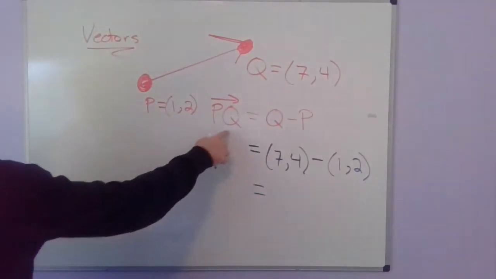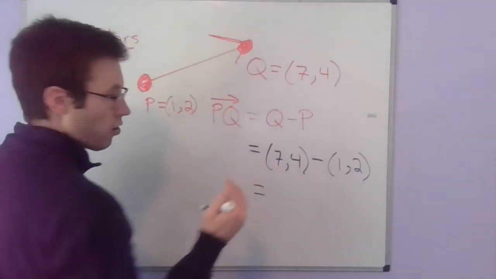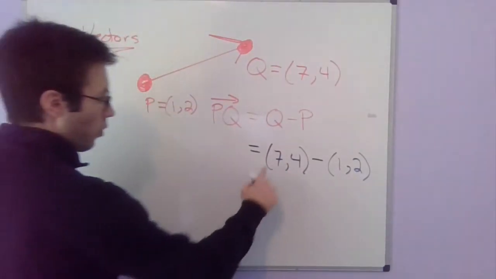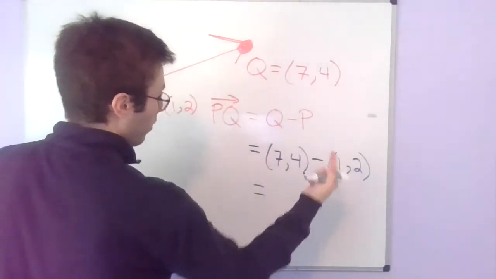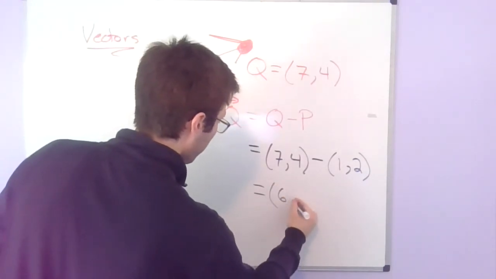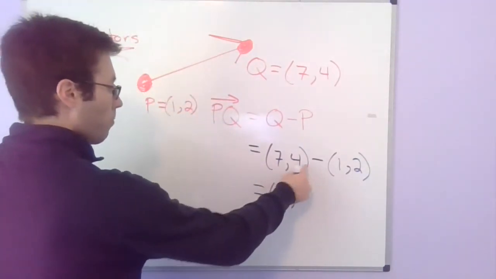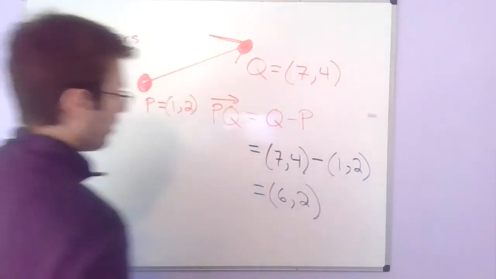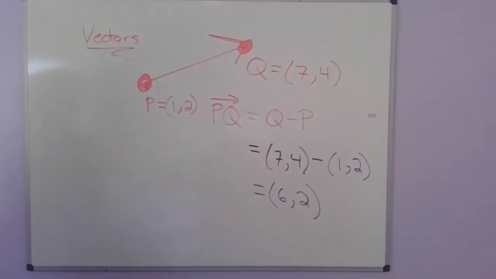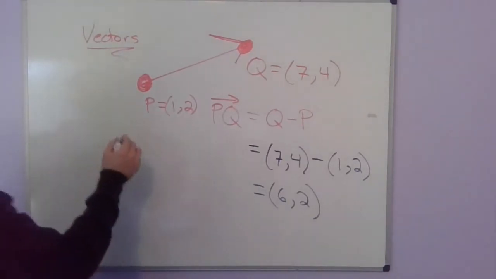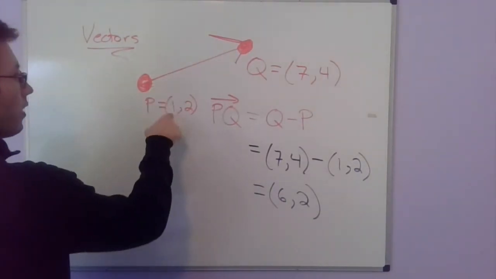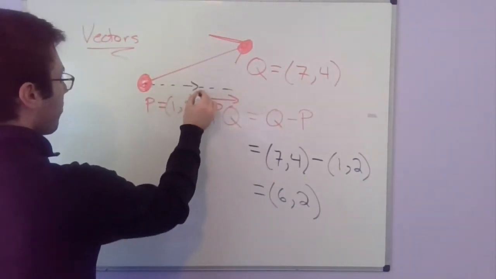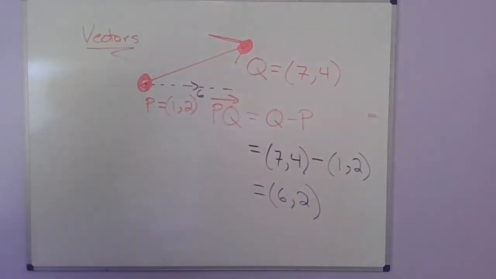So you go. The vector from P to Q would be 7. I'm just going to look at my x coordinate and my y coordinate one at a time. So I'm going 7 minus 1 is 6. So I write 6, 4 minus 2 is 2. So we see (6, 2). And what you should notice is that if I went from 1 to 7 in the x direction, I'm traveling 6 units to the right.